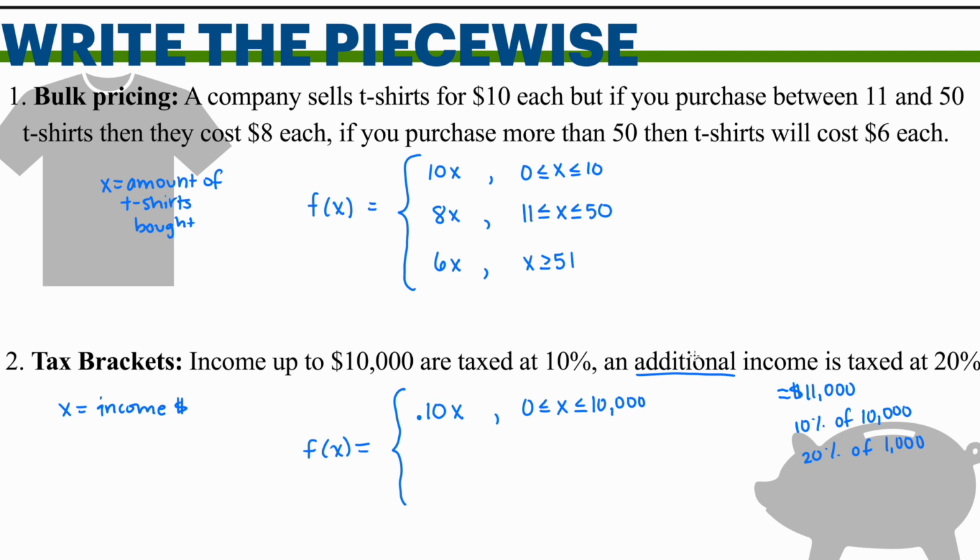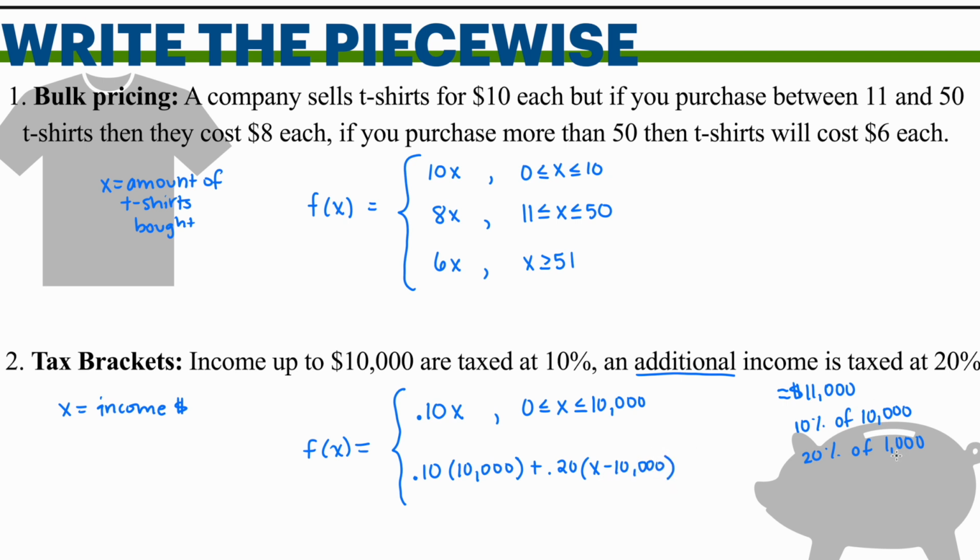It's only what's additional. So the way you would write it is 10% of your first $10,000, plus 20% of whatever amount is left over after $10,000.